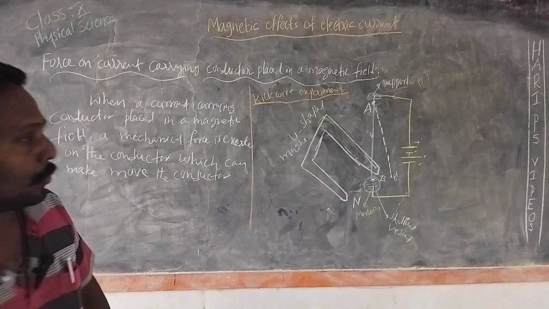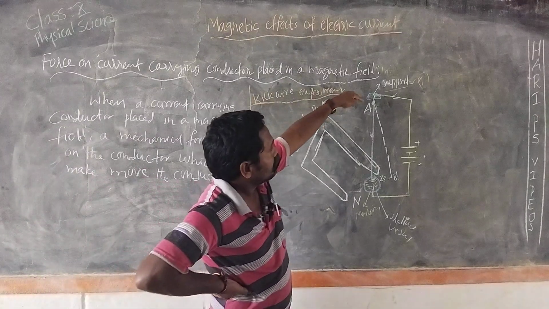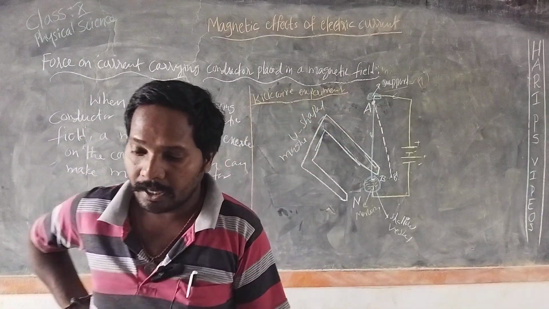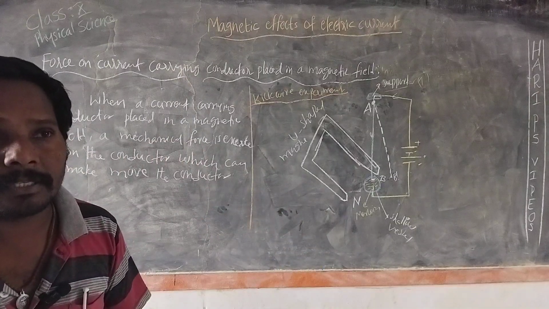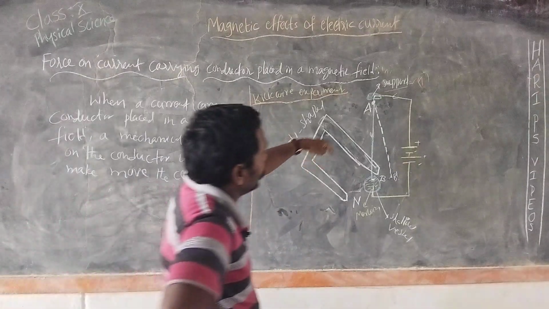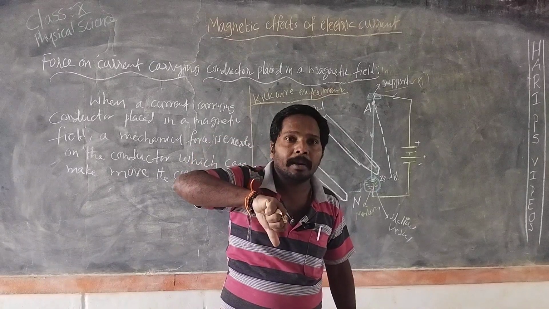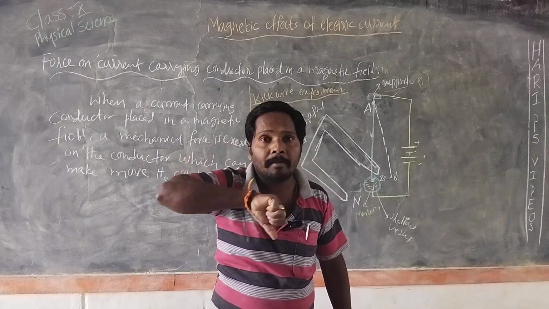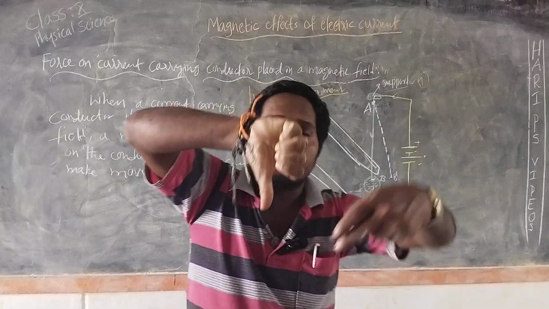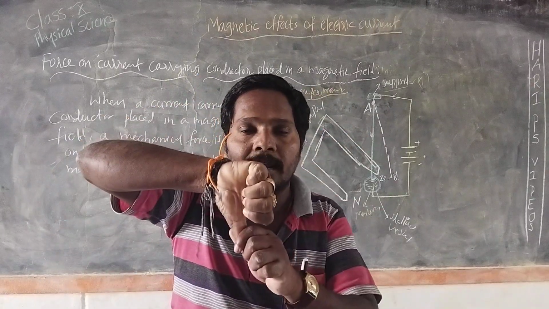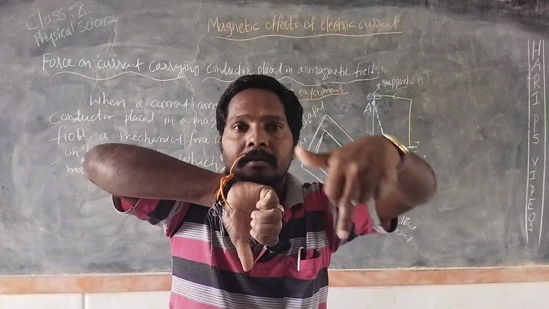The current is flowing vertically downwards in a straight current carrying wire. So in which direction is the magnetic field formed? Clockwise and anti-clockwise, they are moving like this.